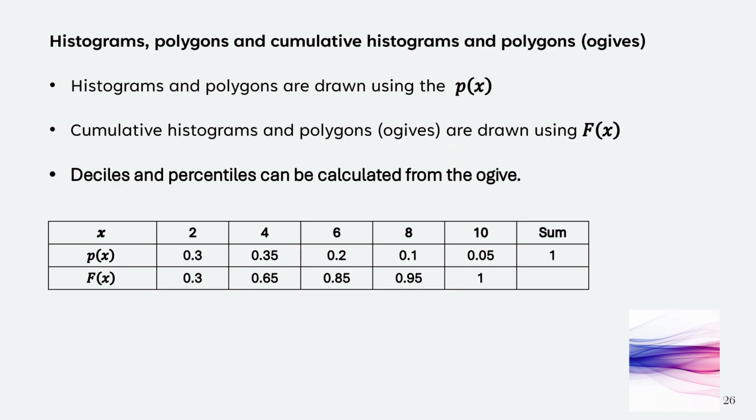We can also draw histograms and polygons using the P of X, so the PDF, and we can do the cumulative histograms and polygons, or the ogives, drawn using the F of X. Deciles and percentiles or interquartiles, they come from the ogive.